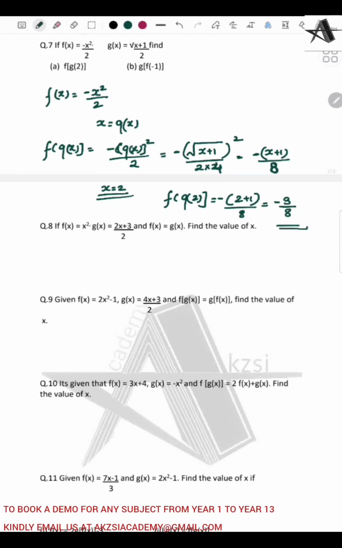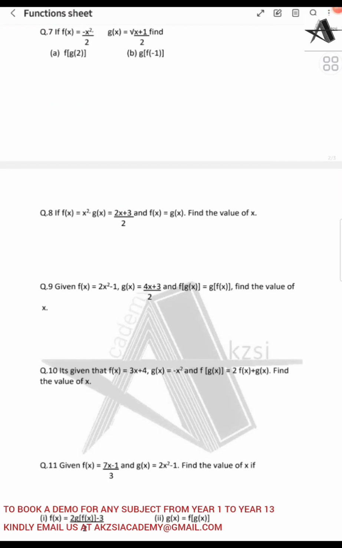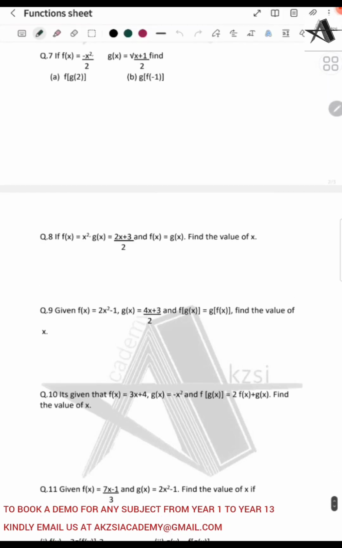Similarly, let me do part B. Look at this one. g(x) is equal to root of x plus 1 over 2 and f(x) is negative x squared over 2, that we have already seen. In part B, they are asking to find g of f of negative 1. That means our g is the primary function. So I'll write this primary function first.